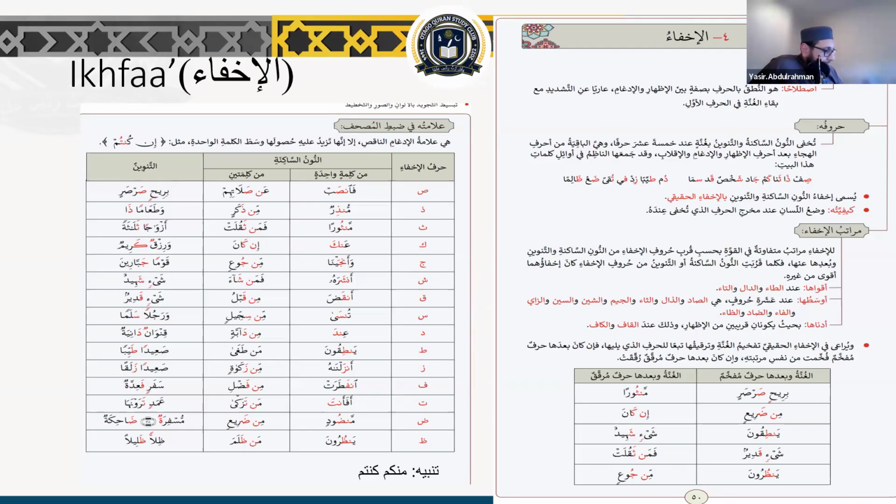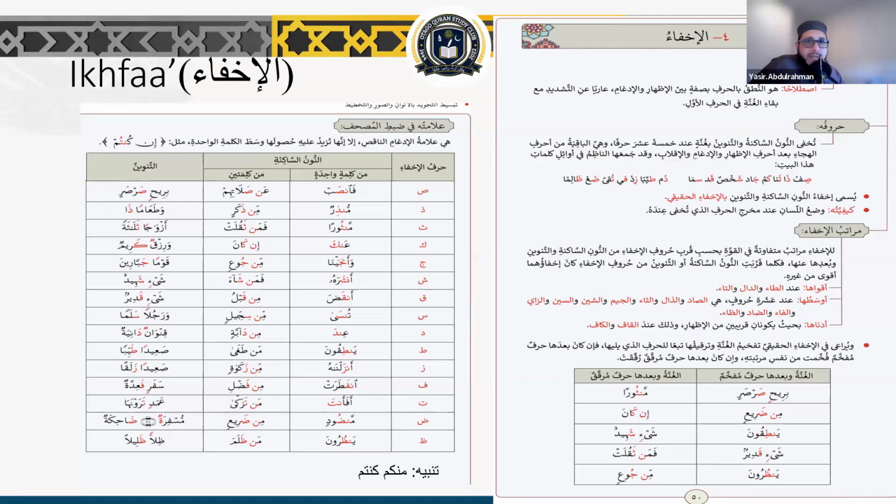It's also accompanied by a hint of a sound from the mouth due to not closing the articulation point of the noon, the tongue part, because the tongue part is not there, we said. So we only have the nasal. Now your mouth is ready on the next articulation point. So there is a nasal part coming and a slight hint of a sound coming from the mouth.